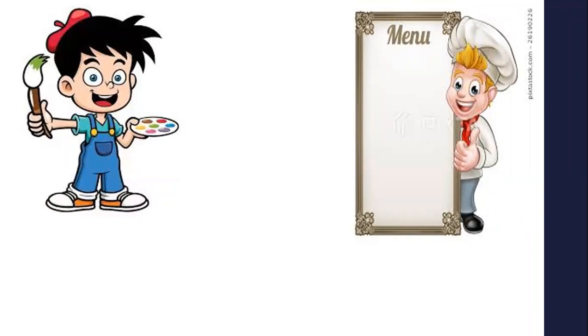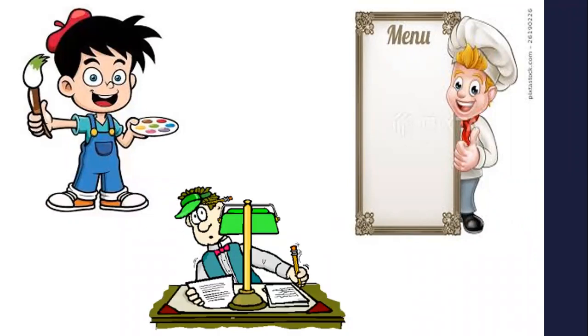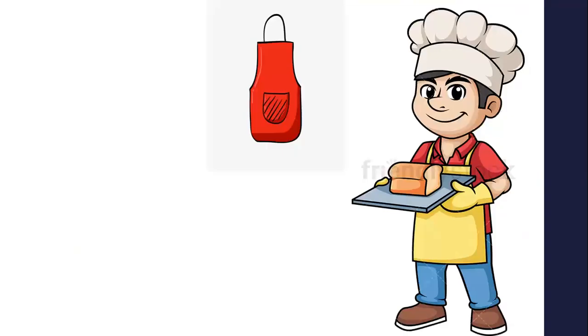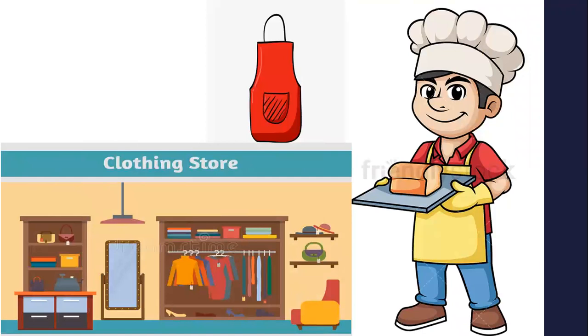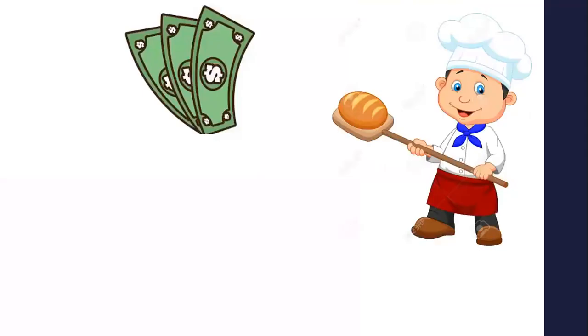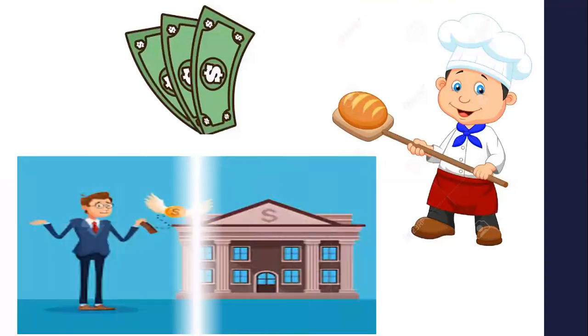Maybe an artist or newspaper editor. Where do you think the baker gets his apron? Yes, of course. It's the cloth retailer. Okay. Who helps the baker save the money? Excellent. He's the banker. Wow, you are so creative.